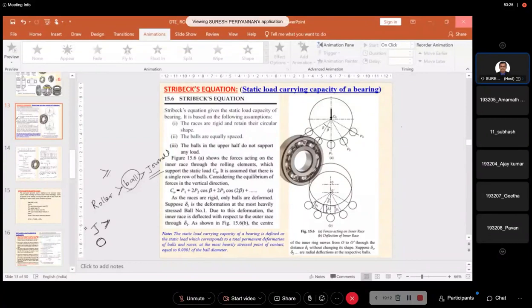Now the roller bearing has line contact with the other component like a fixed, stationary component, in the sense the bearing, casing, or inner race or outer race.